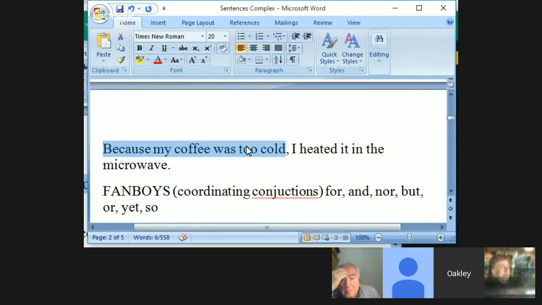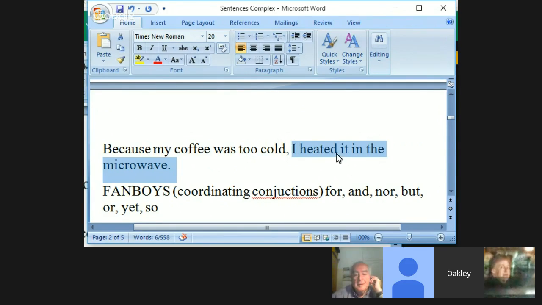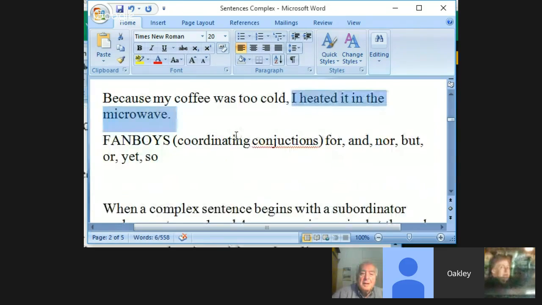Because your subordinate clause is first, you need the comma. If you put your dependent clause first, which you can basically do with any complex sentence with one independent, one dependent clause, you don't need a comma.